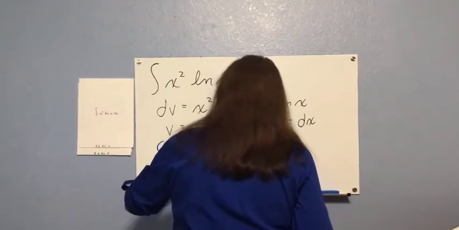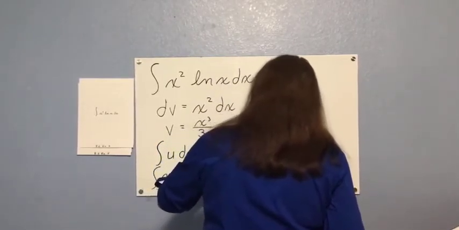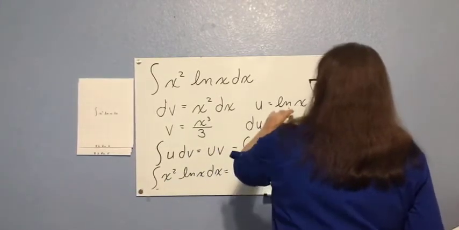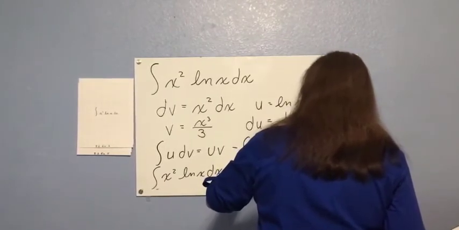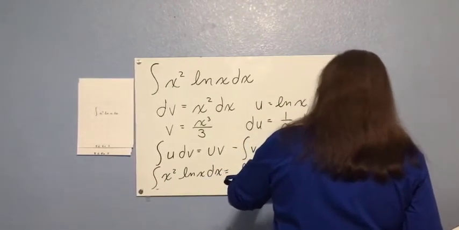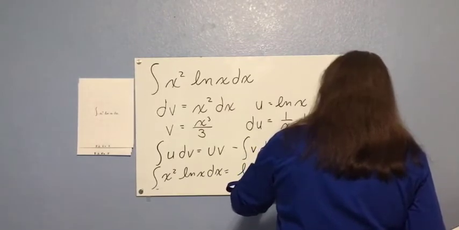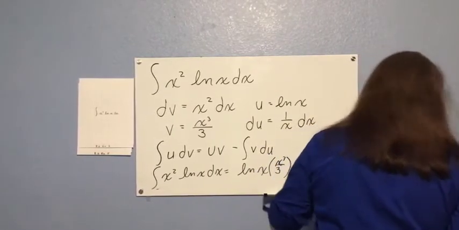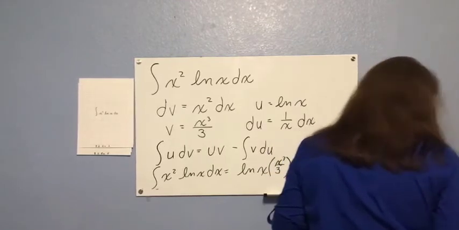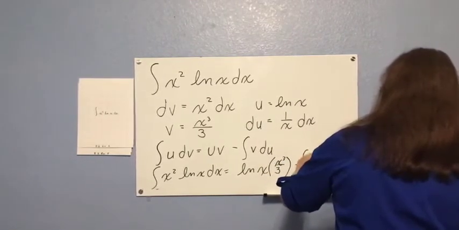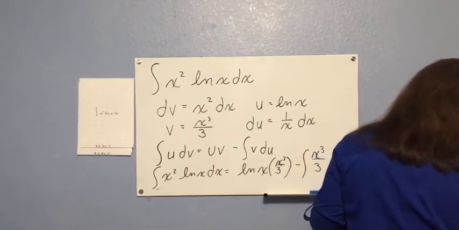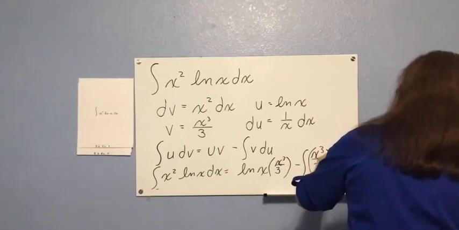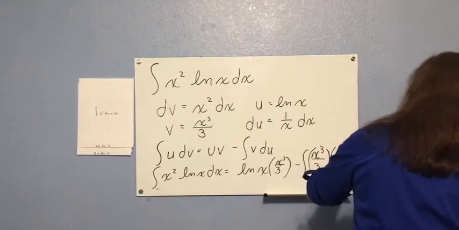The integral of x squared natural log x dx is equal to uv, so natural log x times x cubed over 3, and we're going to subtract the integral of x cubed over 3 times 1 over x dx.